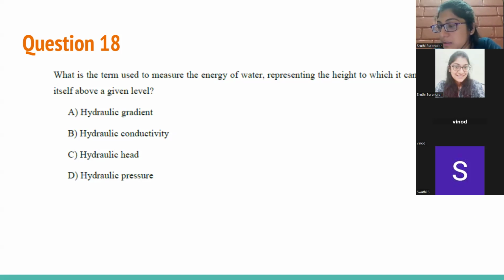We learned quite a bit about the energy of water per unit weight or head, water's pressure energy, elevation energy, and dynamic or kinetic energy. So here they're asking about the energy that is representing the height to which it can raise itself above a given level.